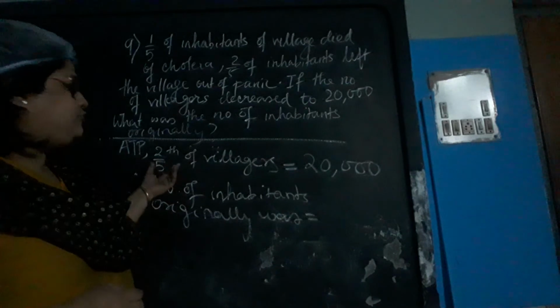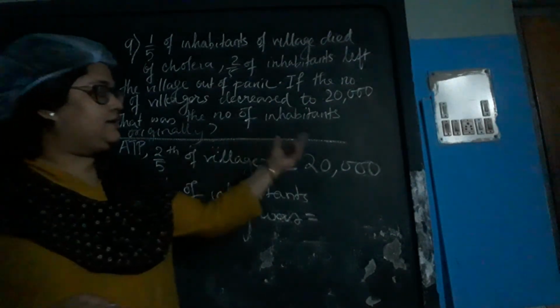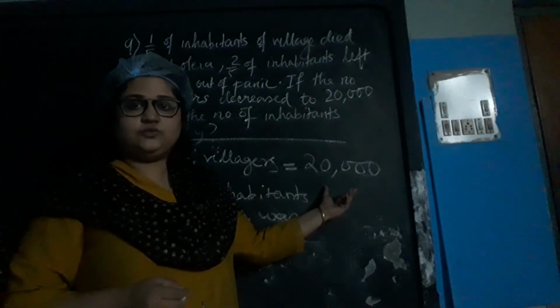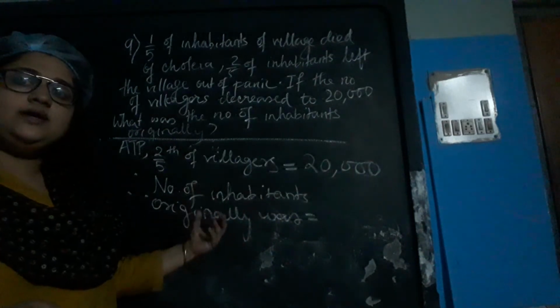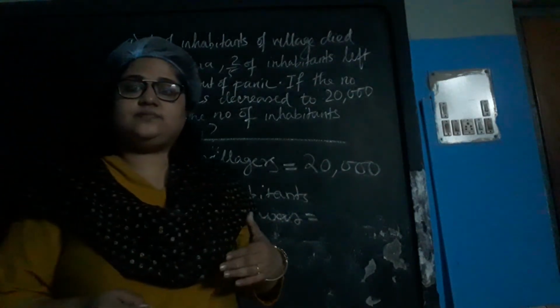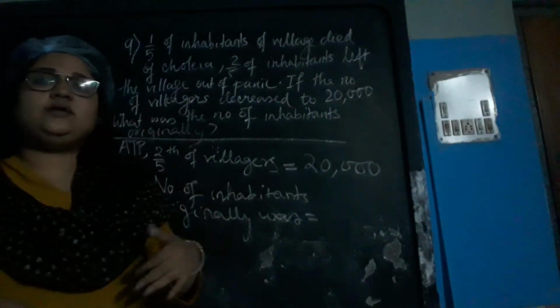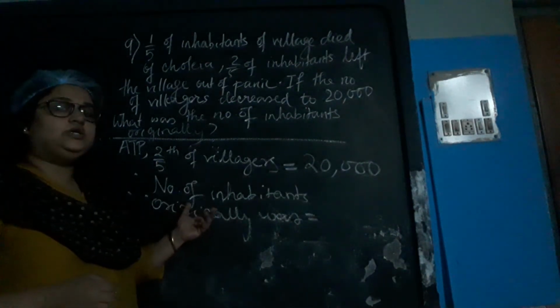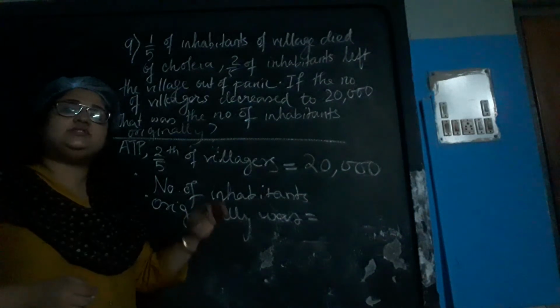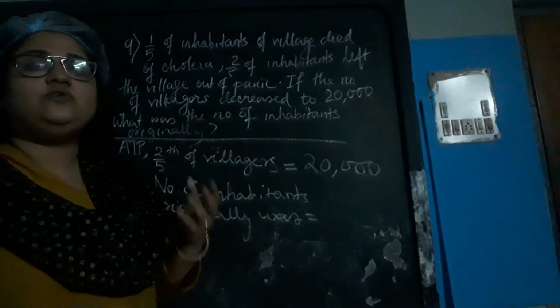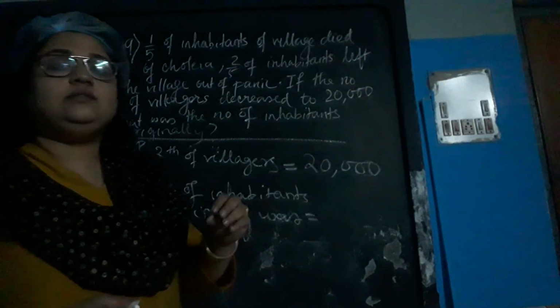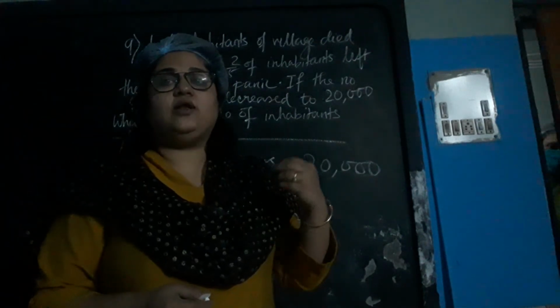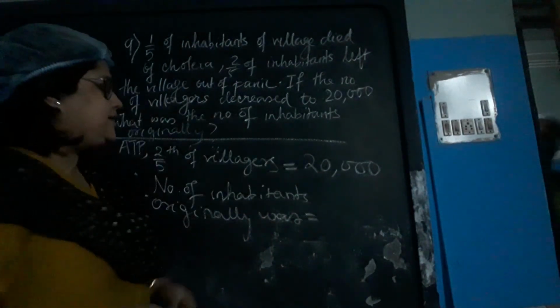So now if 2/5 are there and the actual value is 20,000, therefore earlier there were more. Definitely there was a greater number of villagers. So the total number of villagers was definitely more, and whenever the required value is more, how to do that?